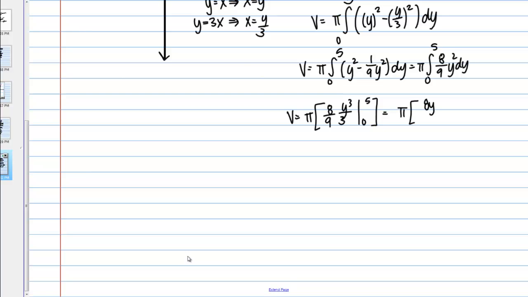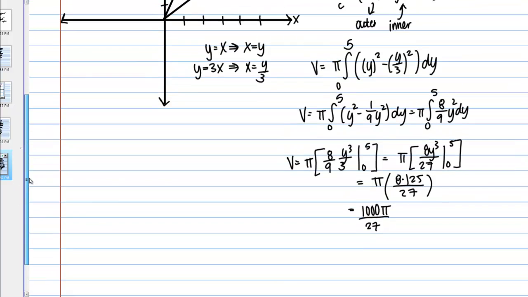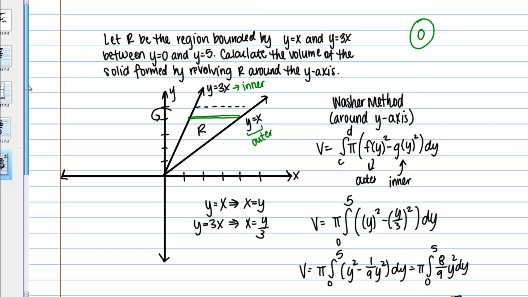So that becomes 8y cubed over 27 from 0 to 5. If I plug in 5, I get 8 times 125 over 27. Plugging in 0 is just going to give me 0, so I don't need to worry about that. So it looks like as my final value, I get 1,000 pi over 27. And that is the volume of my solid of revolution.